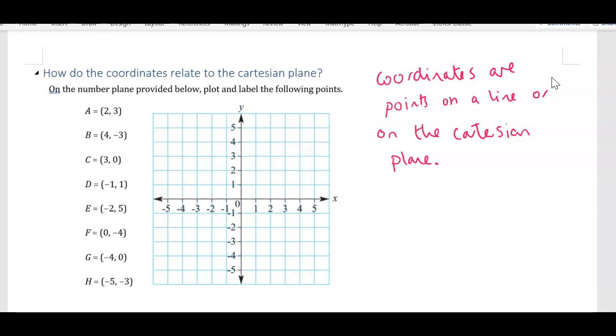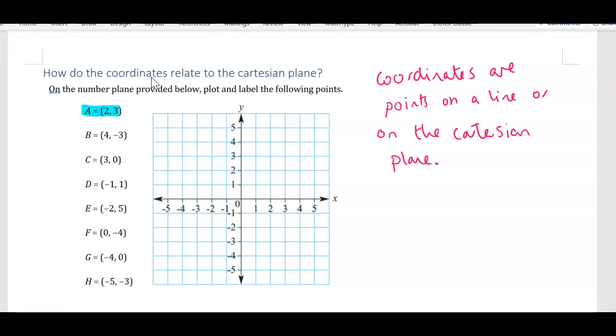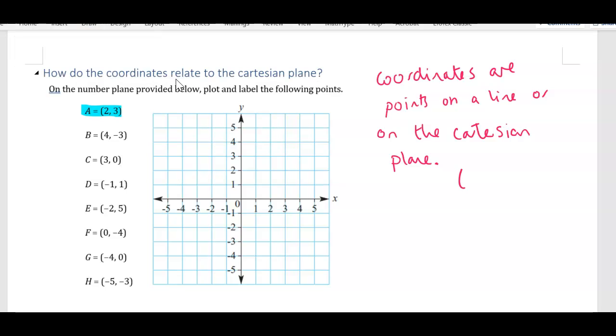So I might enlarge this just to make it a little bit easier to see. Our first point, point A, has the coordinates 2, 3. How we read the coordinates is x and then y. We've got the x axis here and then the y. Your first number comes from the x axis. It's kind of like finding treasure on a map. We're just doing it as a grid reference.